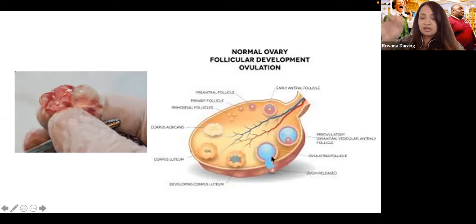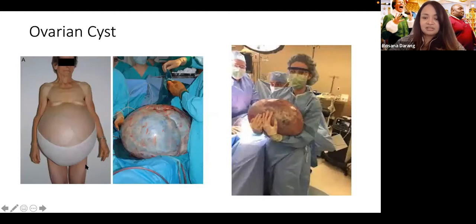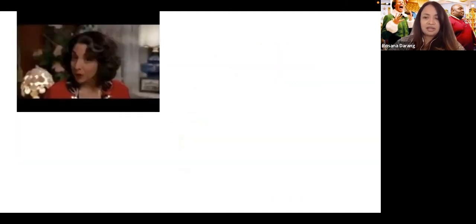At the 14th day, there's pressure, and that will burst to release the egg at the time of ovulation. So sometimes that cyst will just remain, and for some weird reason, it just keeps growing and growing with fluid. It starts off small like that, and imagine that it can actually grow big like that.